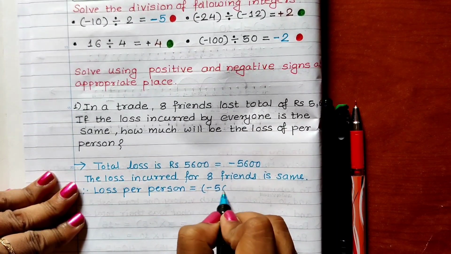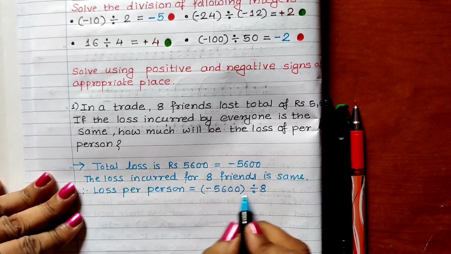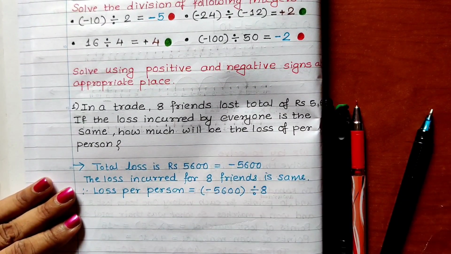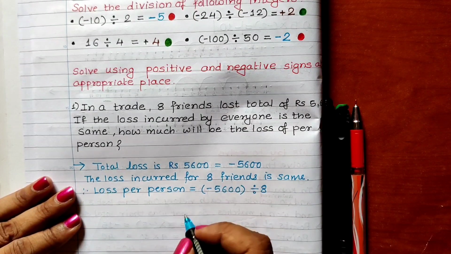Minus 5,600 divided by 8. Now minus plus, answer sign will be minus. Correct? So I will be writing the answer sign minus.